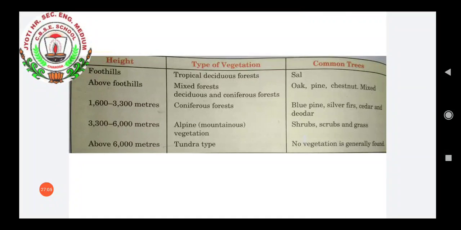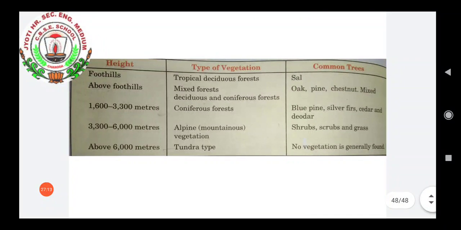Then as we move to 1600 to 3300 meters, we will have coniferous forest, and trees like blue pine, silver firs, cedar, and deodar will be there.